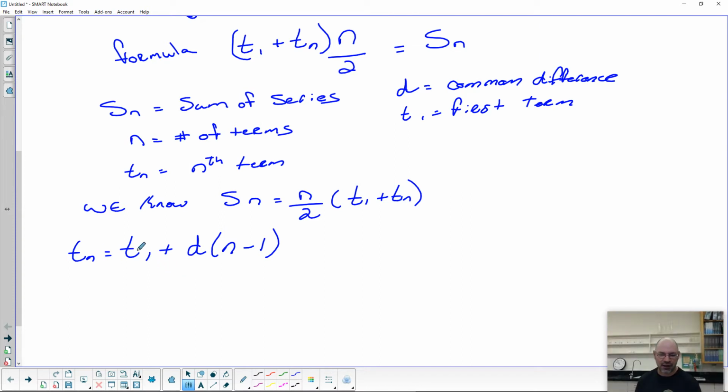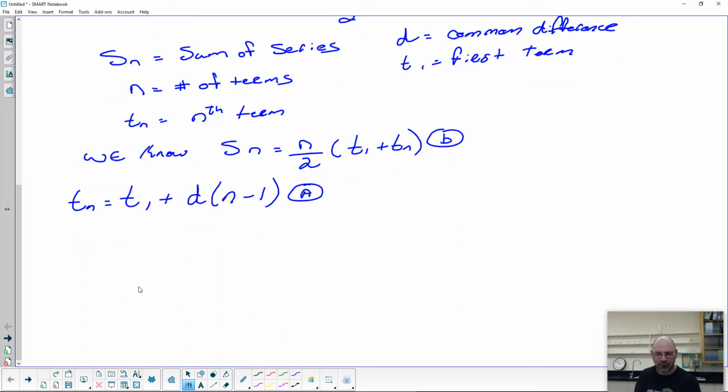So if we take this and plug it into where Tn is, we can come up with a second formula. So let's call this equation number A and equation number B, and let's sub A in for Tn into B to get a second one.